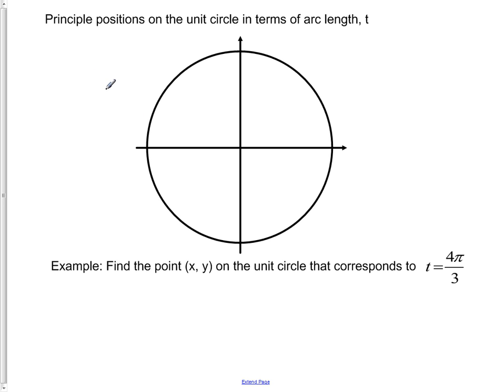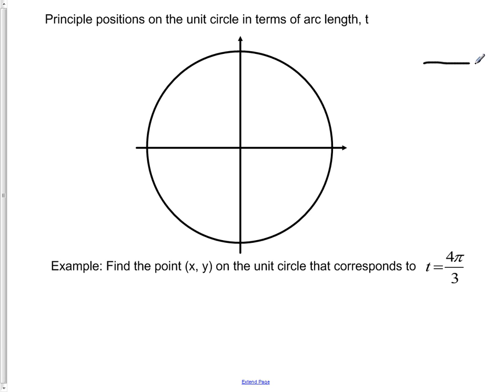Well, now if you remember previously from anything having to deal with our right triangle trigonometry, we had actually defined three special real right triangles that we use to help us define certain values.